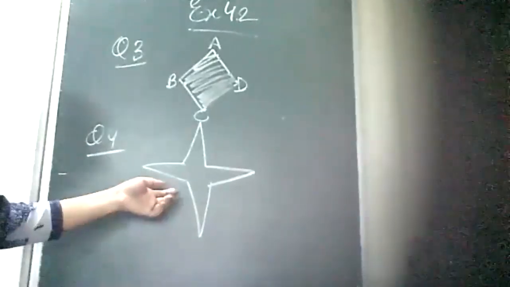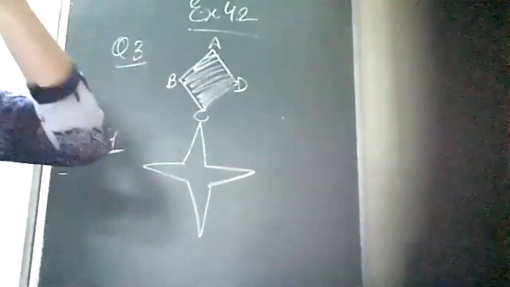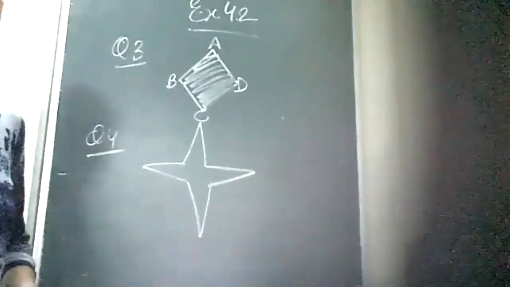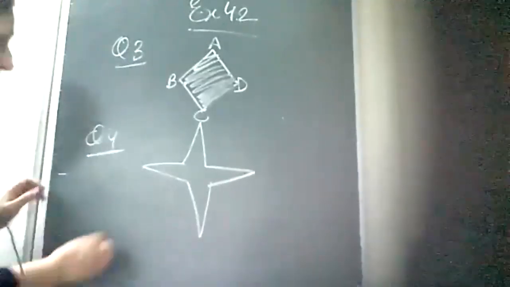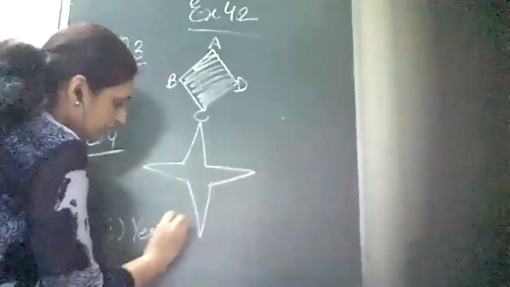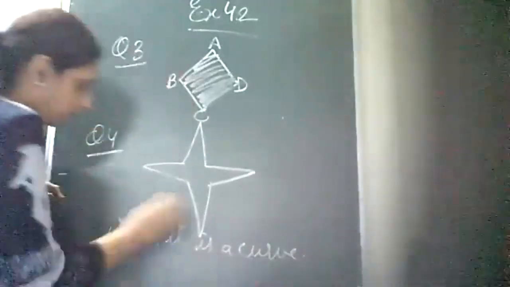Is this figure a curve? No, ma'am. No, it is not a curve. Oh, yes, ma'am. It's a curve. Yes, it is a curve because it is bending from all the sides.